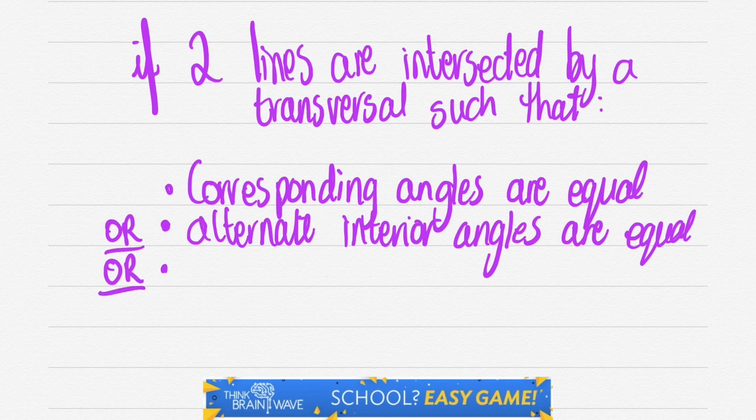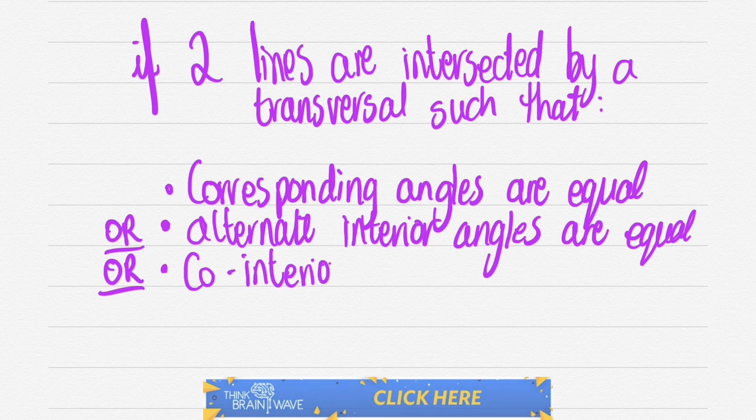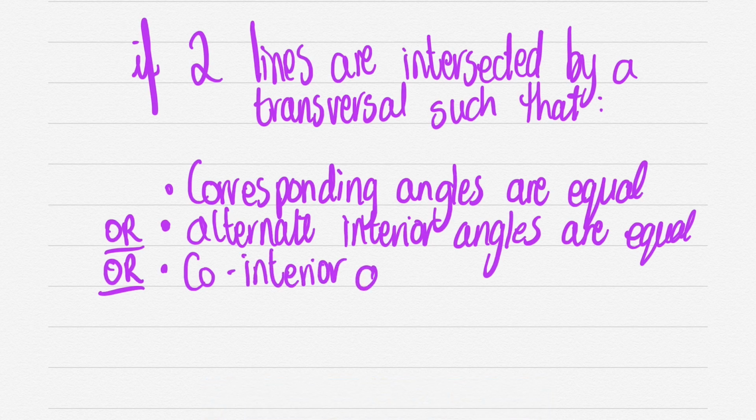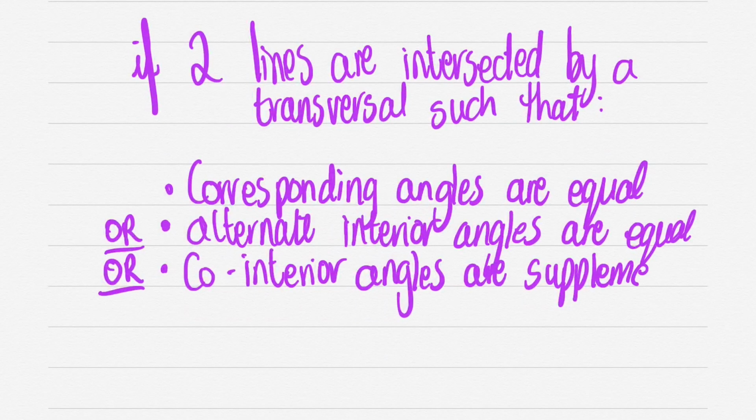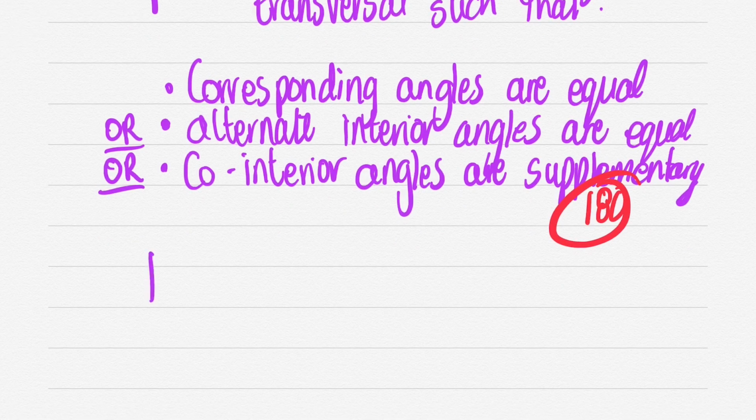We say that if 2 lines are intersected by a transversal such that the corresponding angles are equal, or the alternate interior angles are equal, or lastly, the co-interior angles are supplementary, meaning that they sum to 180 degrees when you add them together, you'd say the angle A and the angle B, if they're co-interior and they add up to 180, they are supplementary.